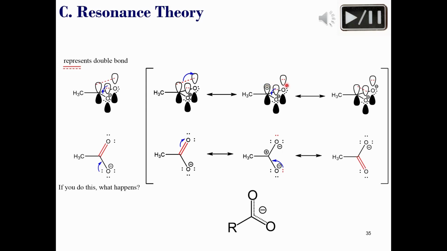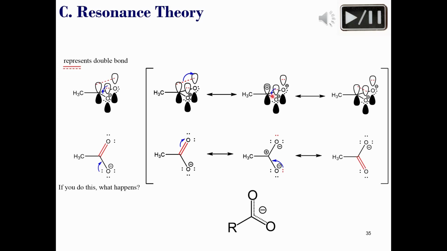A rule of resonance theory that helps you to decide how stable a resonance structure is, or how much it contributes to the resonance hybrid seen at the bottom, is to try to keep the number of formal charges to a minimum on any resonance structure. However, each structure you draw has to have the same net charge, in this case -1.